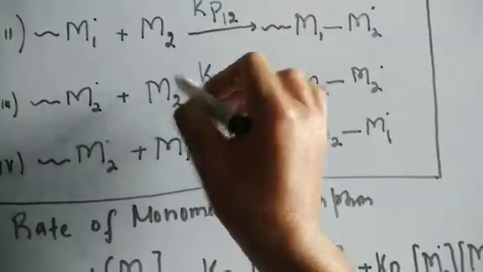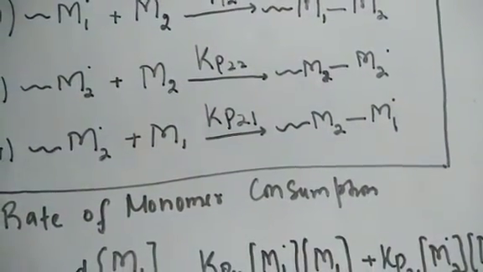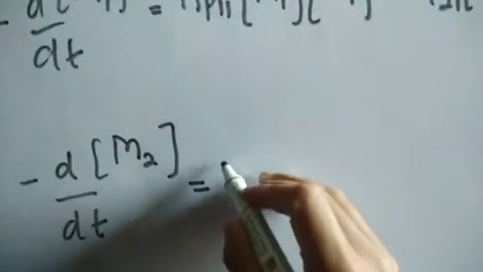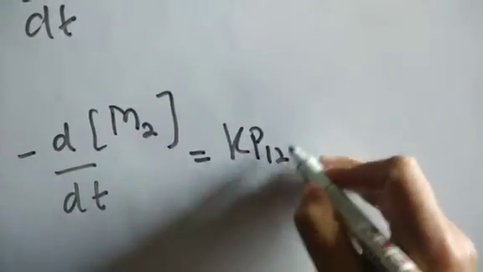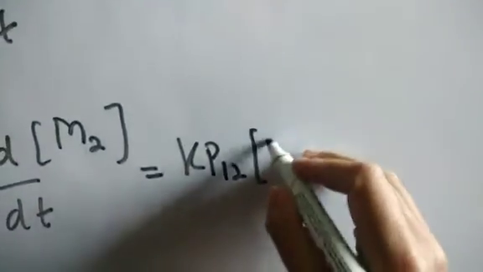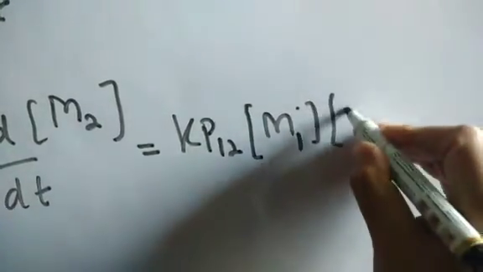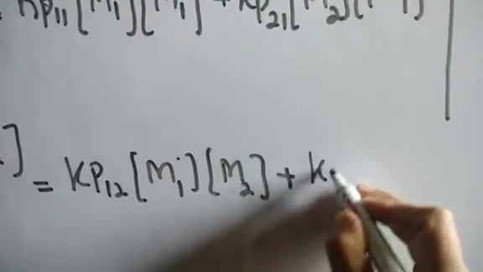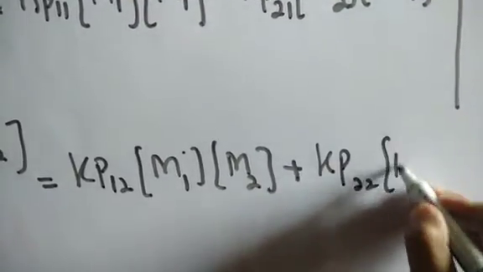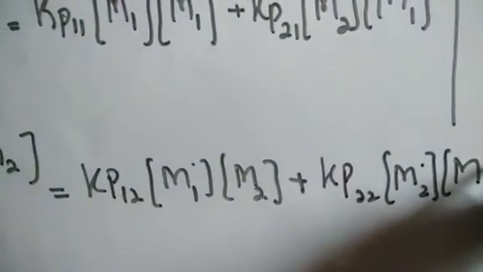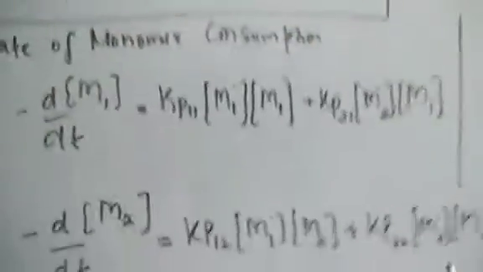So we write Kp12, M1 dot, concentration of M2, plus Kp22, M2 dot, M2. So these are your two steps.